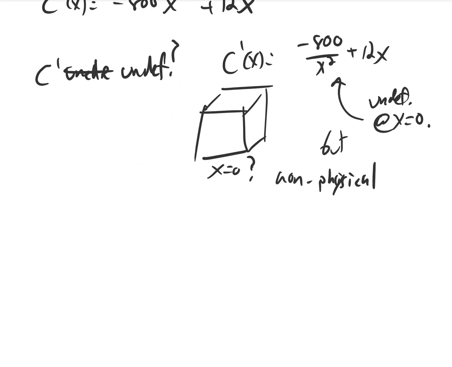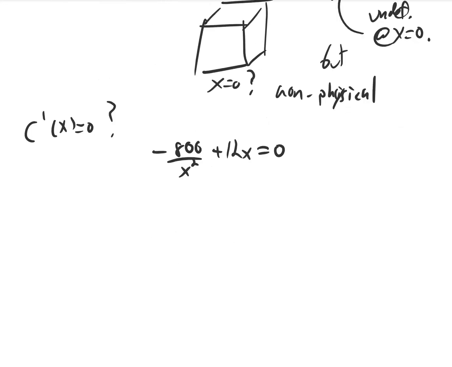The next question we ask is not where c prime is undefined, but can we solve c prime equals 0? Well, let's try. So we've got negative 800 over x squared plus 12x equals 0. Let's multiply by x squared on both sides because I hate denominators.